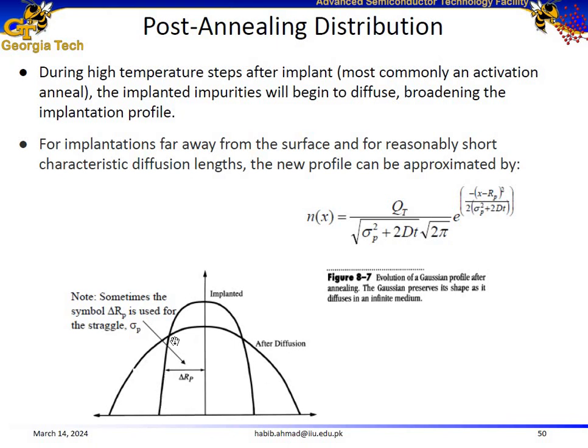Here is the distribution of the implanted ions before annealing, and with annealing the implanted ions gain thermal energy. They start moving in different directions. So we have a wider distribution of the implanted ions post annealing, and the carrier concentration versus depth has a slightly different formula after annealing.